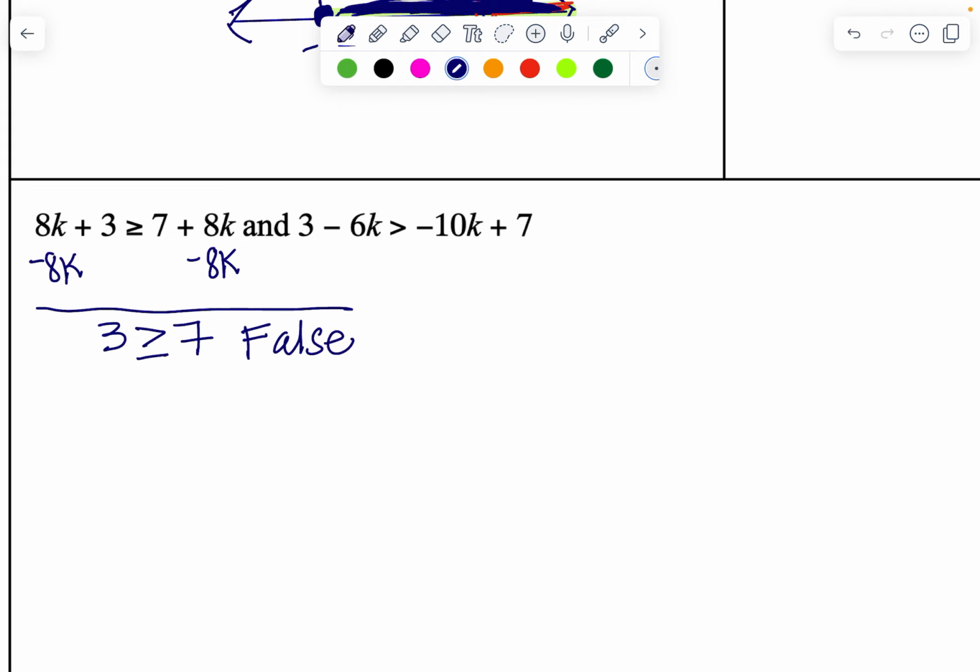And again, when you're left with a false statement, that means this part at least has no solutions. And because this is an and, if one of them has no solution, the whole thing is no solution. So again, I would just draw a number line and leave it blank because there's no solution.